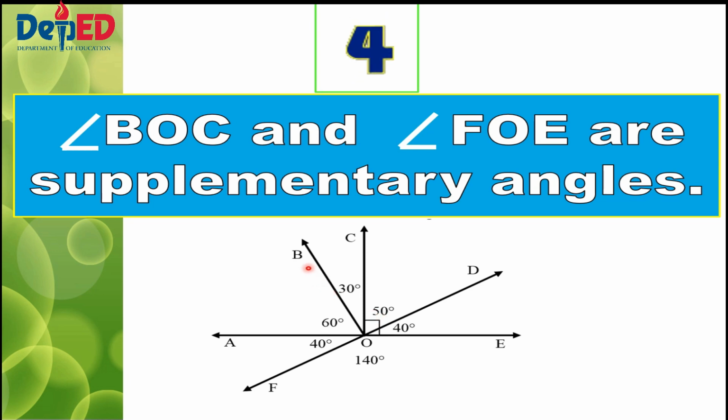Since the measure of angle BOC is 30 degrees and the measure of angle FOE is 140 degrees, if we get the sum it is 170 degrees. And the sum of supplementary angles must be equal to 180 degrees. So the answer is false.